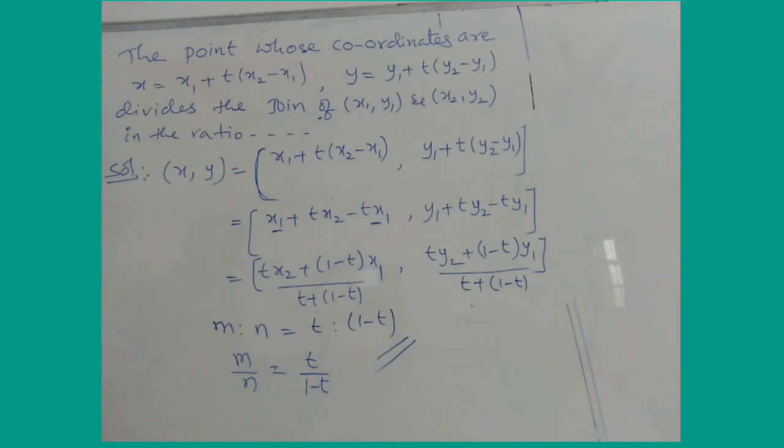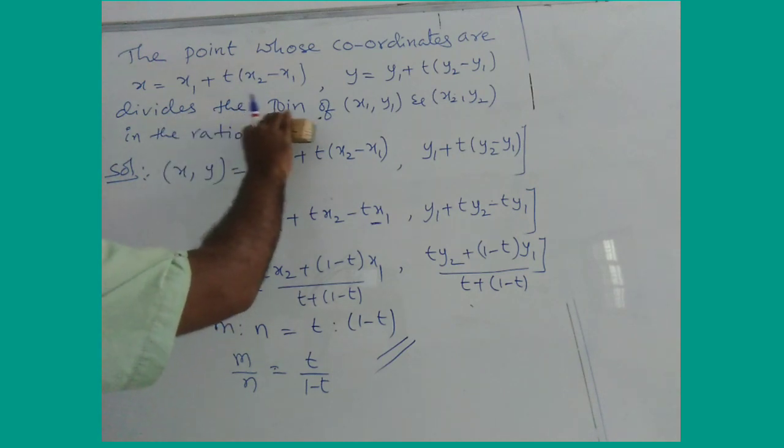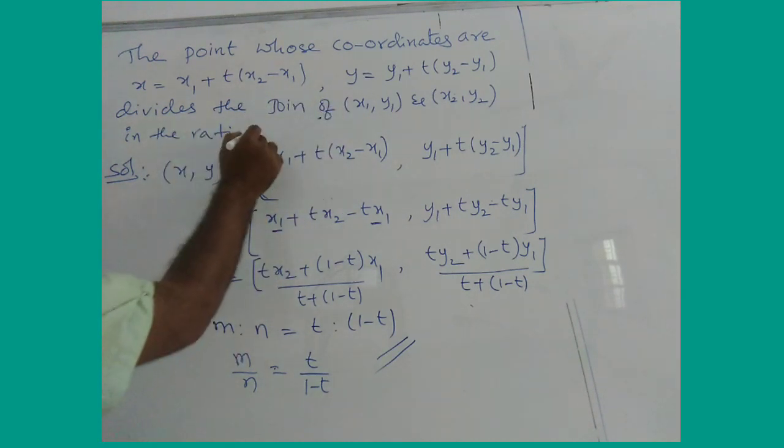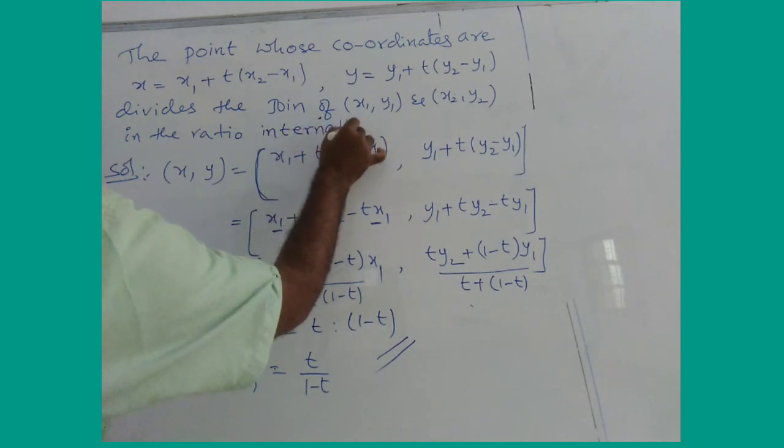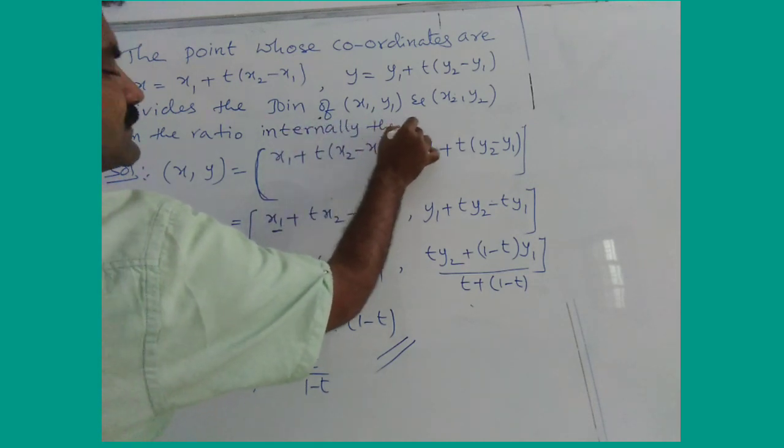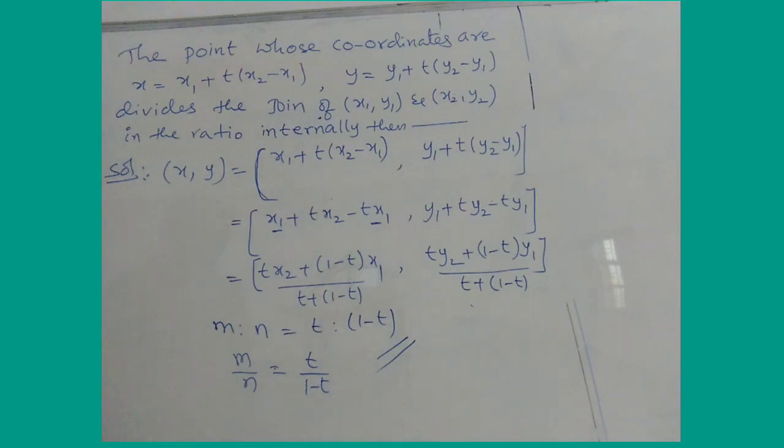Sometimes the same question will be in this way, that is, instead of asking what is the ratio, he may ask that in the ratio internally, then which of the following condition is correct?